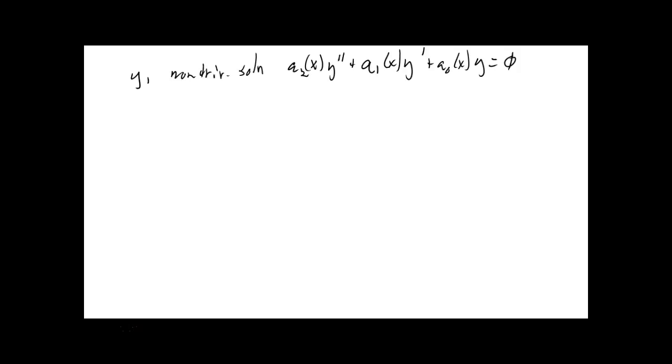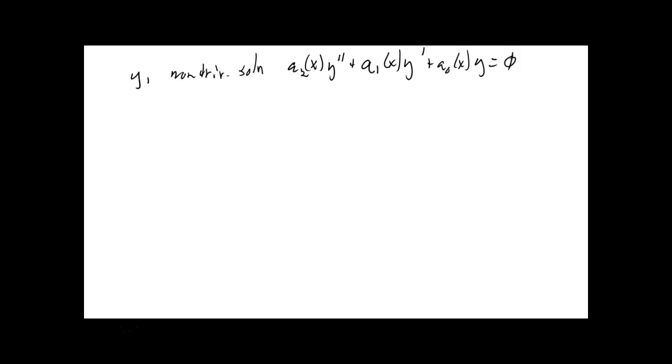Doesn't really matter what arrangement you make of that, just make sure you get those in. Homogeneous because it's equal to 0. Linear because your derivatives and the function itself are not multiplied by each other or squared or cubed or anything. And the order is second because that's the maximum derivative you have.